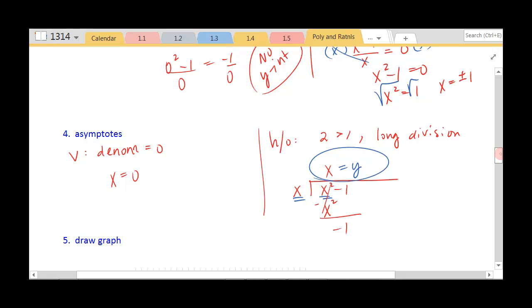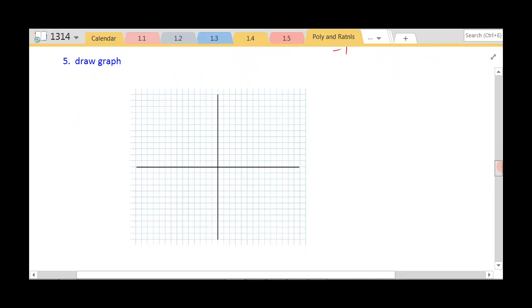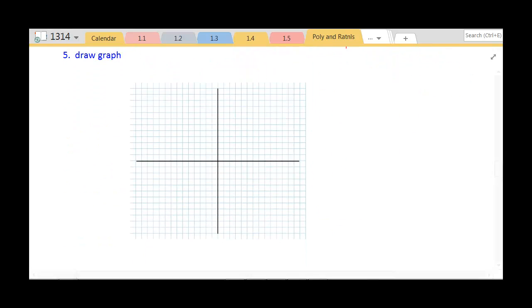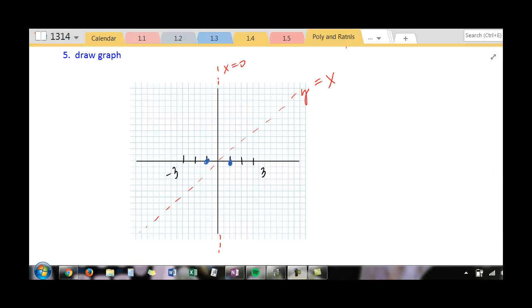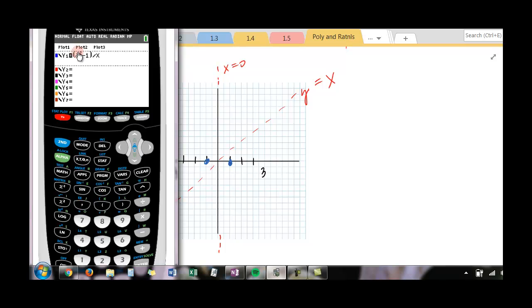Now let's come down here to the graph and put all the information that we know so far on our graph. On my graph I have labeled the vertical asymptote that we found at x is equal to 0. I have the oblique asymptote labeled here at y is equal to x, and I have the two intercepts occurring at positive and negative 1. So we turn to the calculator to see how to draw this function.